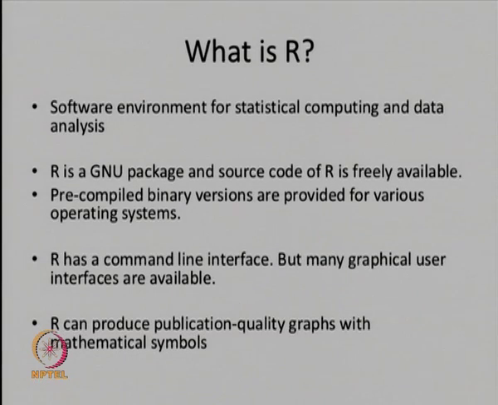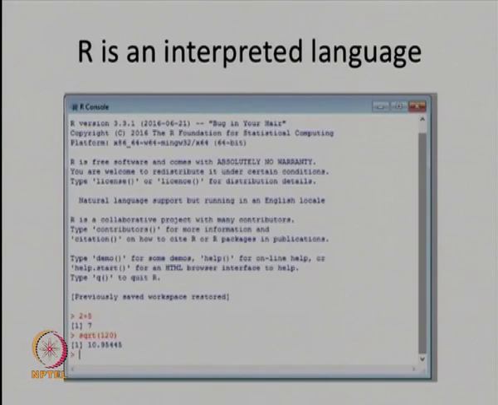Okay. So, R is essentially an interpreted language. This is a sample example of a console of R. As it is written clearly here, R is free software and comes with absolutely no warranty. Okay. So, you can download it from the net, and I will come to the details of how you can download it and how you can use it.